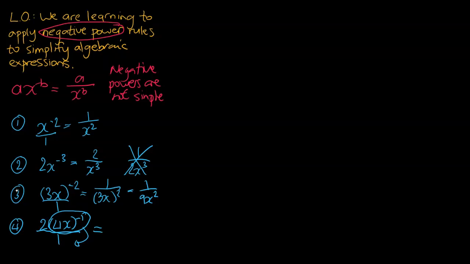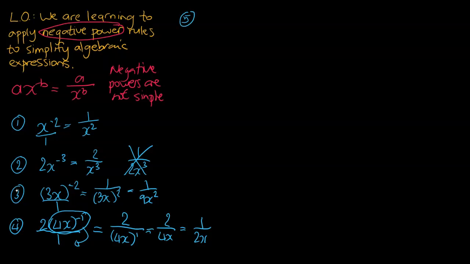So the 2 is going to stay on the top, and there will be a 4x to the power of 1 on the bottom, and anything to the power of 1 is itself, so that's just going to become 2 divided by 4x, and you could go the extra step to simplify that to 1 over 2x as well.